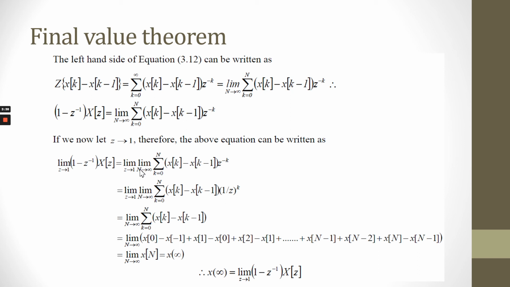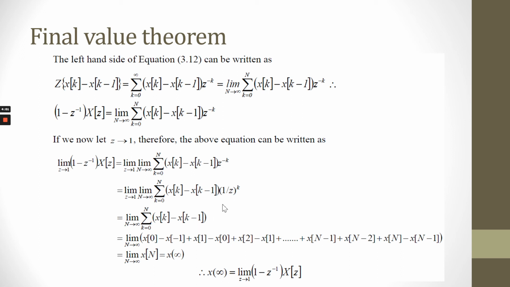The next step is we rearrange this equation into 1 over z to the power of k, and then for this part, for z approaching 1, when we apply it, it is equal to 1 over 1.